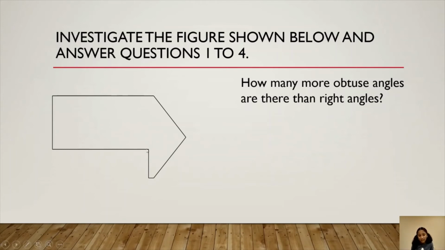It's where this line segment and this line segment connect. Right over here. It's a really big angle, so definitely it is an obtuse angle. And now we have this small one over here, but it still is more than 90 degrees. See? This line segment and this line segment.